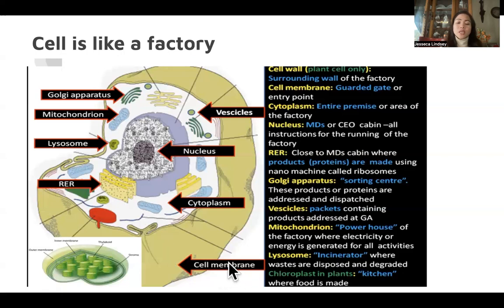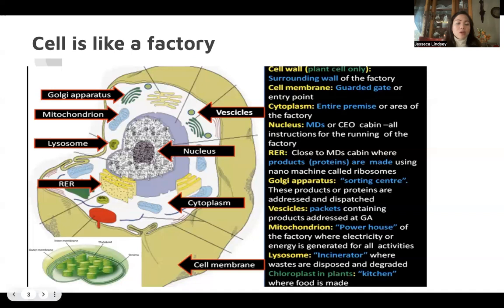Cell membrane is, again, like a gatekeeper. It allows the entry and exit of chemical molecules inside the cell. Vesicles are packets containing products addressed to the GA, or Golgi apparatus.